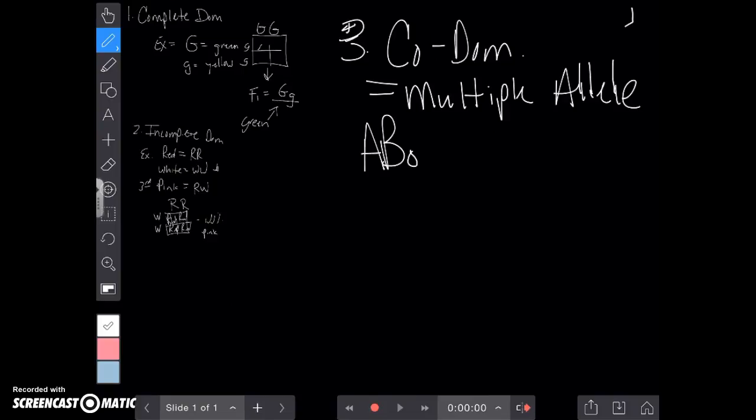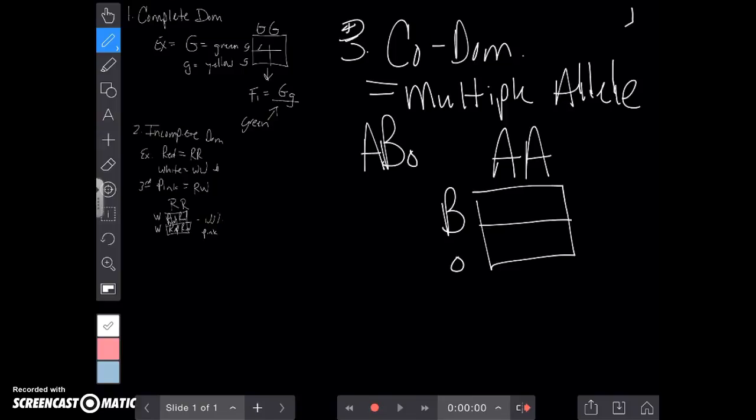Looking at our chances, if we had somebody who's homozygous dominant for A, and somebody that is heterozygous for B, what are the chances of having a B baby?